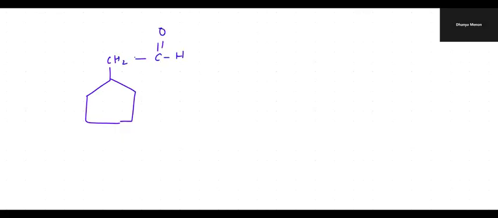Here, this is the straight chain and this is the ring. Now, if you have to make a choice between which is the root word, definitely this will be the root word because this has the functional group. So always the functional group is preferred for the root word, okay. So this will become our substituent.